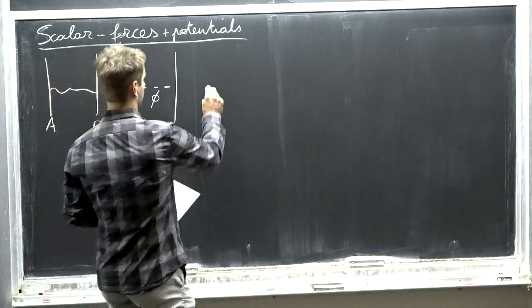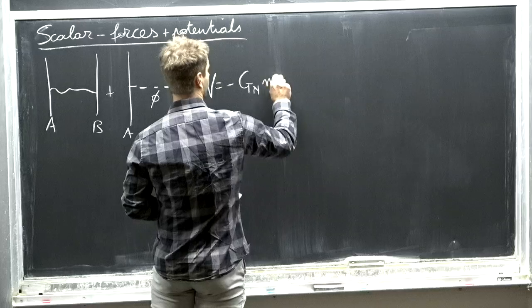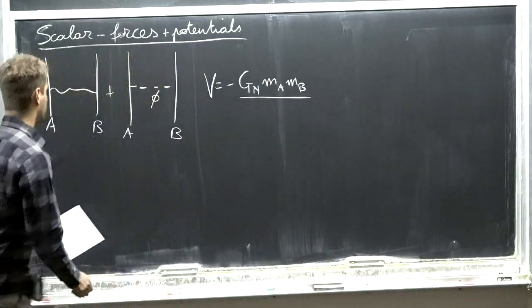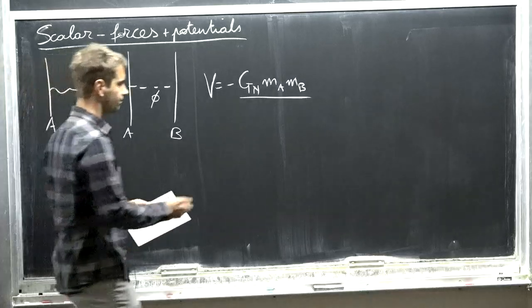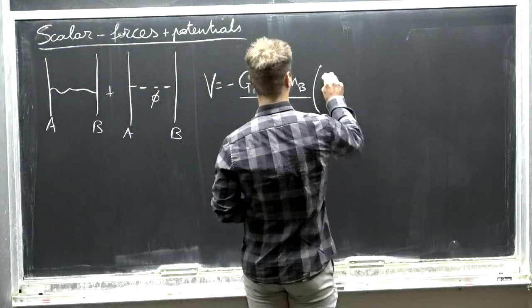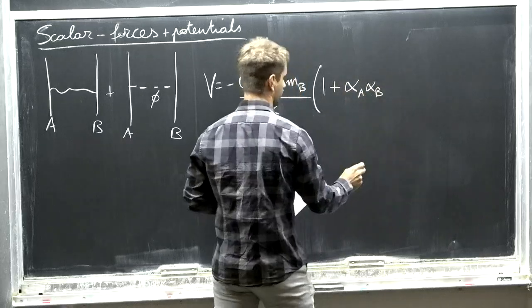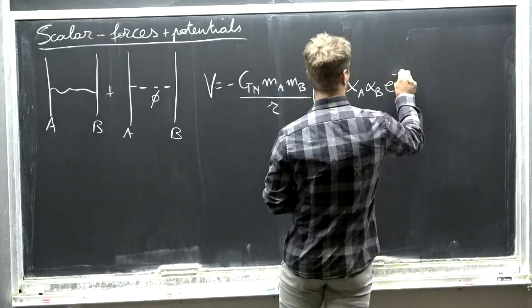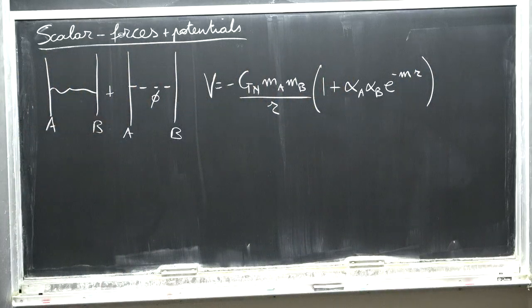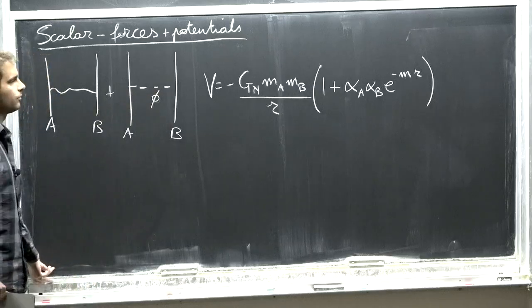And these diagrams will give you this standard Newton potential proportional to the masses of your, let's say, neutral atoms A and B over R, but plus some correction that's usually quantified in terms of these alphas with e to the minus mr, where m is the mass of the scalar. So you can think of this as some off-shell production of these scalars.